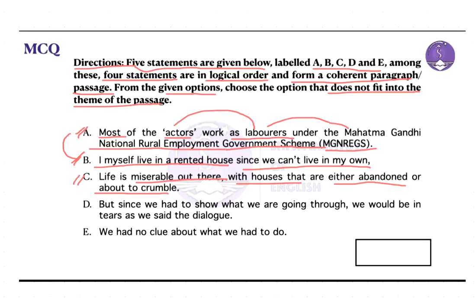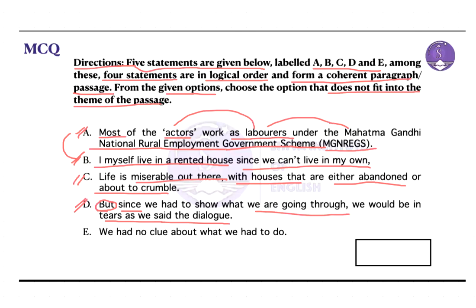So option D stated that, but, since, look into the indicator, contrast indicator, but, so since we had to show what we are going through, we would be in tears as we said the dialogue, right? Now here we can find out this option probably referring to option B or option C. Why?